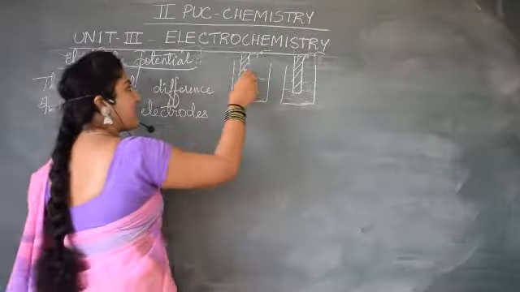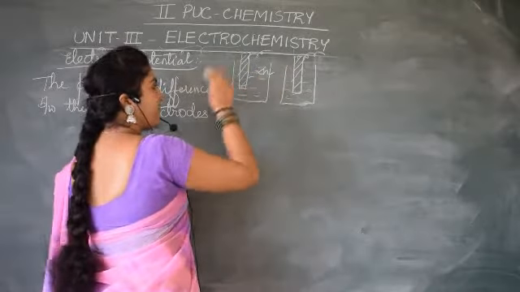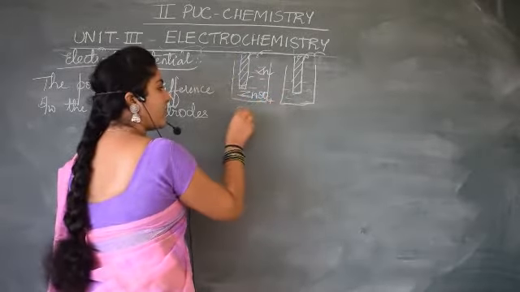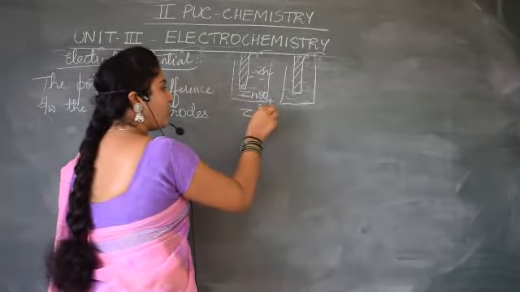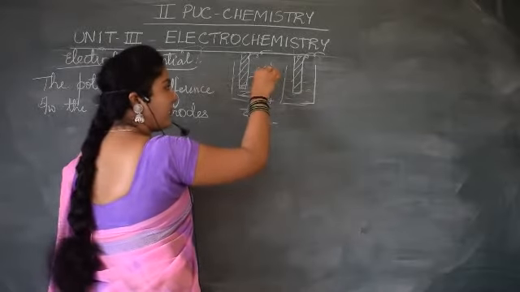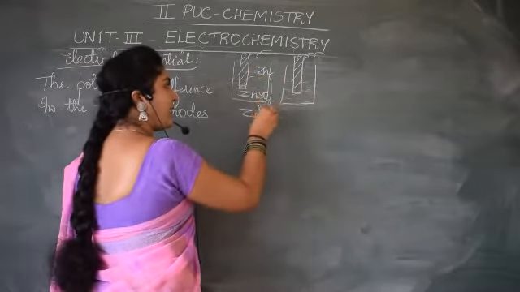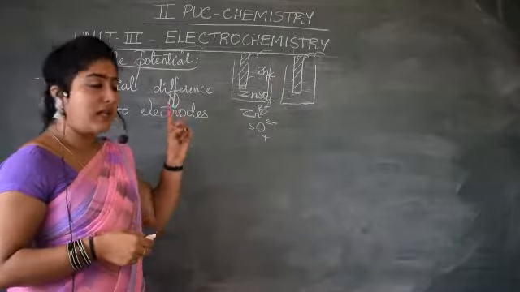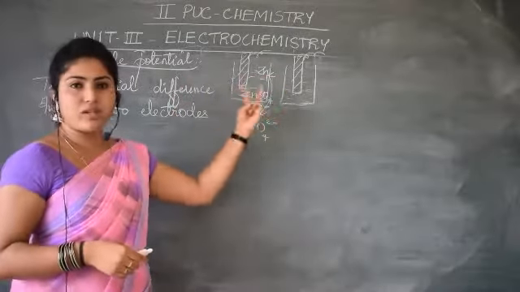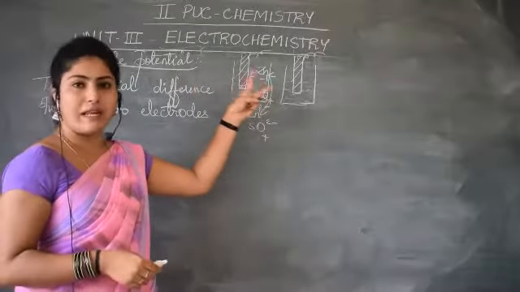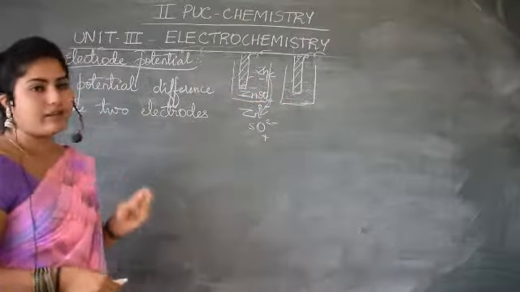Now if suppose this is a zinc electrode, then this will contain ZnSO4, isn't it? Which ions do you have? Zn2+ and SO4 2-. So this metal will be in equilibrium with the ions in the solution. Then that potential difference between the two electrodes, you call it the electrode potential.